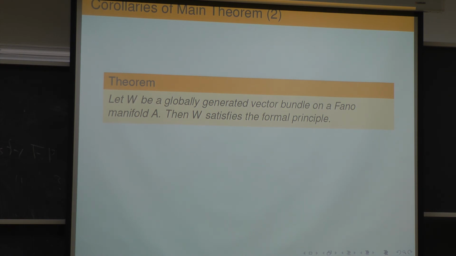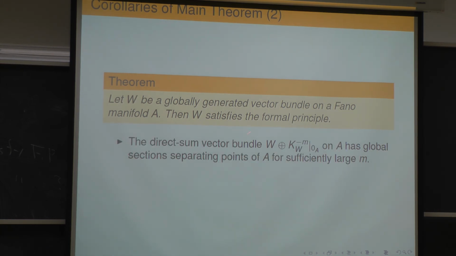And why don't we need global separation of points? Because you can add a sufficiently high anti-canonical bundle, then the sum of these two vector bundles has global sections that separate points, because the anti-canonical bundle part separates the points already.